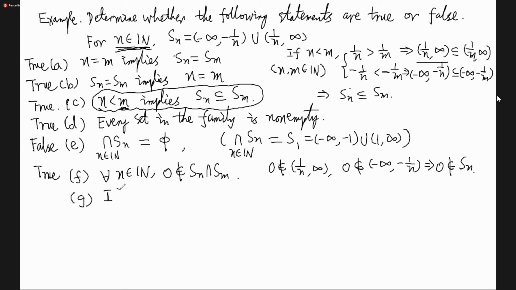So if x is not equal to 0, then x is in the union of Sn.